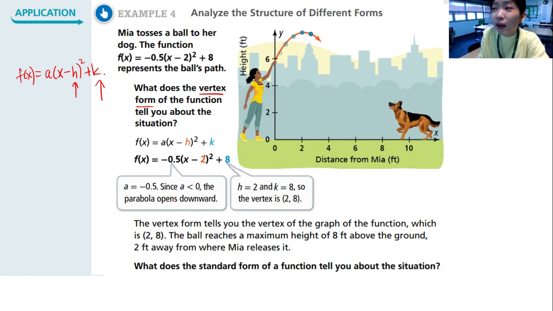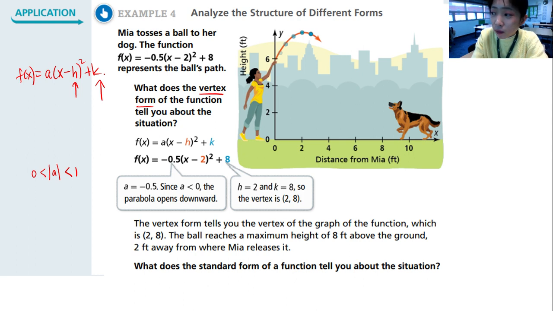And since the absolute value of a is greater than 0 and less than 1, you know it's a little bit wider than the parent function x squared. So that's what we can tell just by looking at the vertex form.